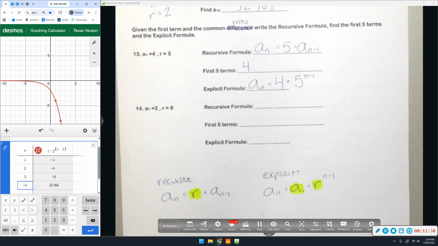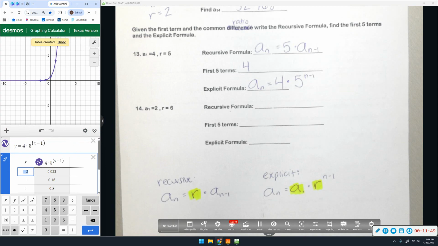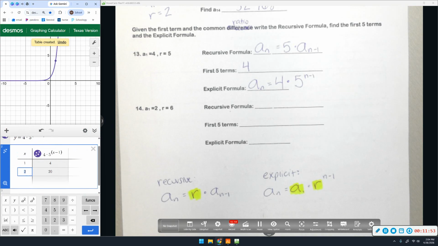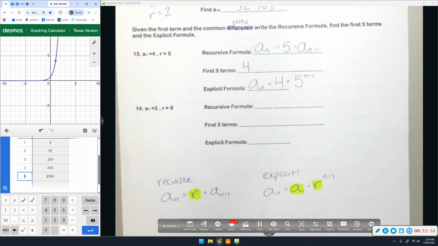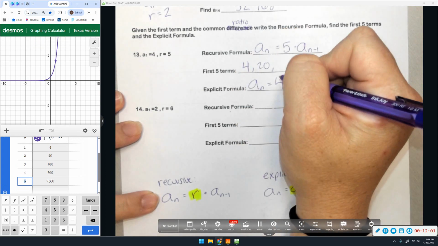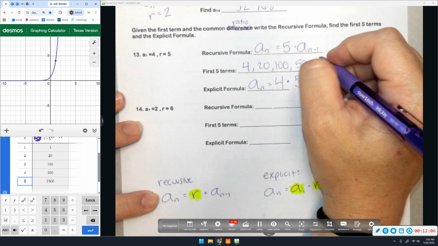And I'm going to type it in. So y equals 4 times 5 to the x minus 1 power. Cogwheel, table. I'm making it do the work for me, especially if I have to figure it out. Okay, did it work? Is my first term 4? Yeah, and then we have 20, 100, 500, and 2500.